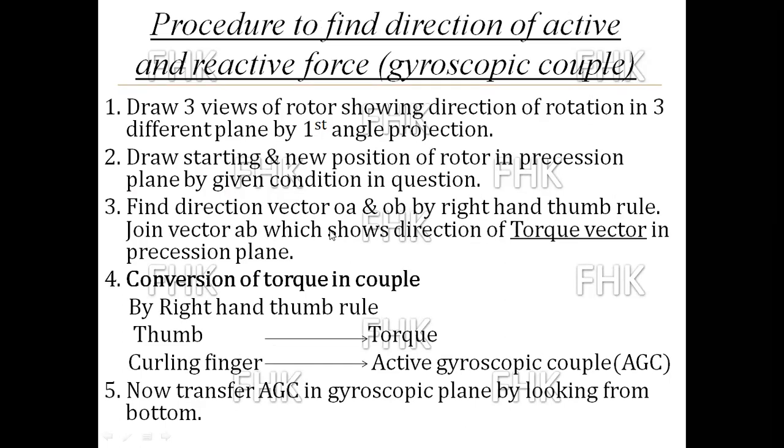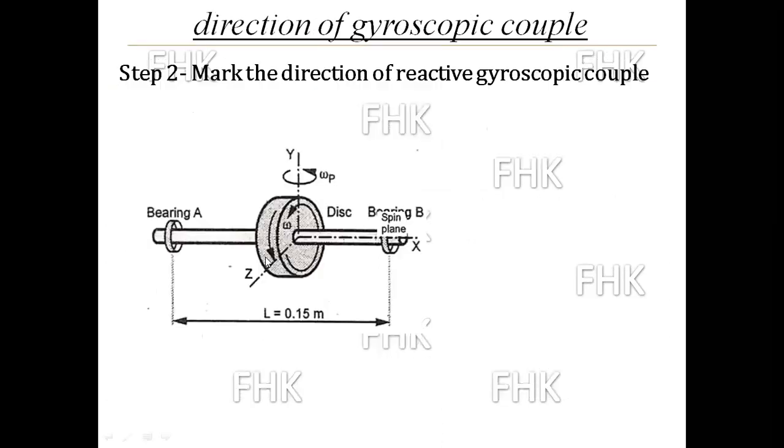Join vector AB, which shows the direction of the torque vector that we have to find out. The magnitude we have already found by the formula I omega omega P. Now we are finding the direction of this torque vector in the precession plane.